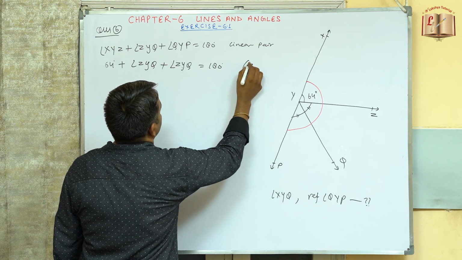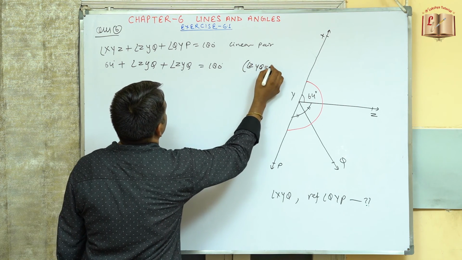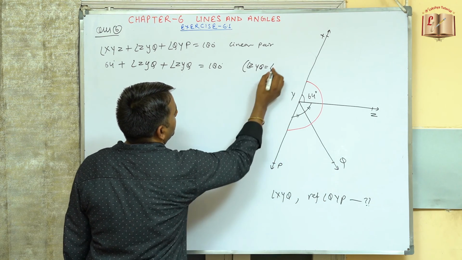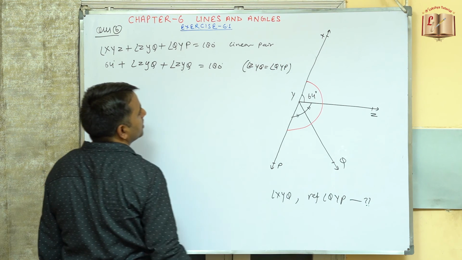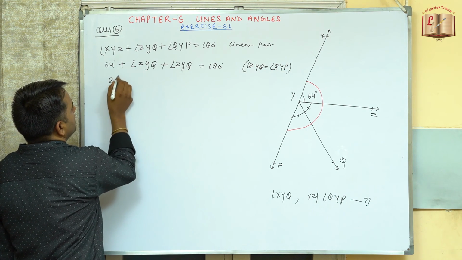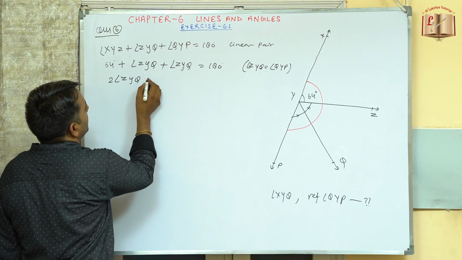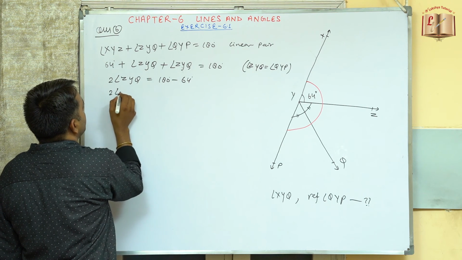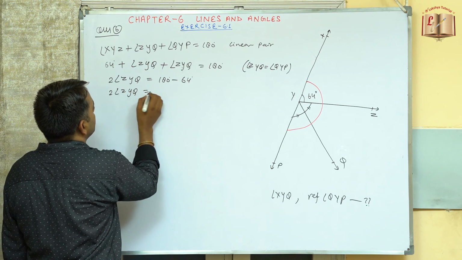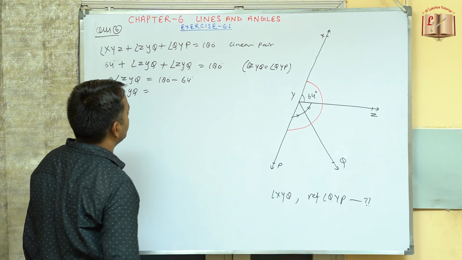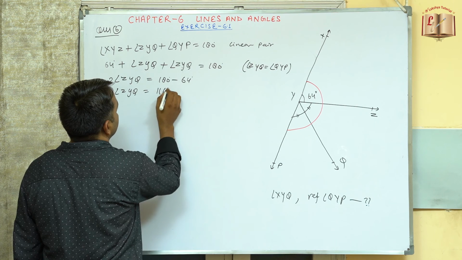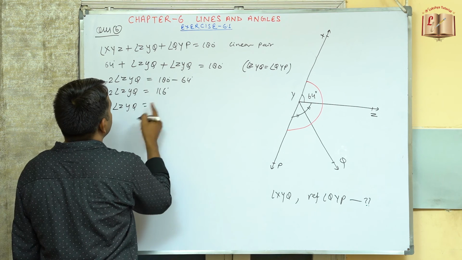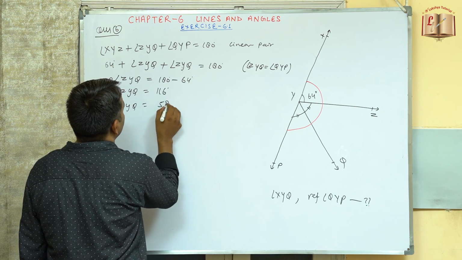Now angle ZYQ is equal to angle QYP, this is given. So twice angle ZYQ will be equal to 180 degrees minus 64 degrees, which is 116. So angle ZYQ will be 116 by 2, so this will be 58 degrees.